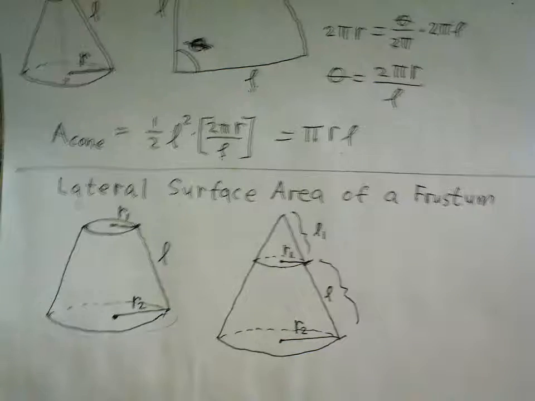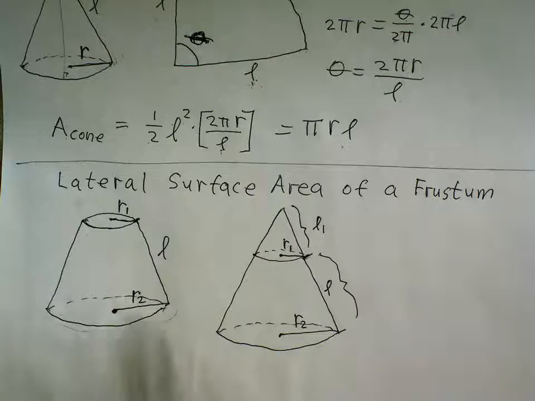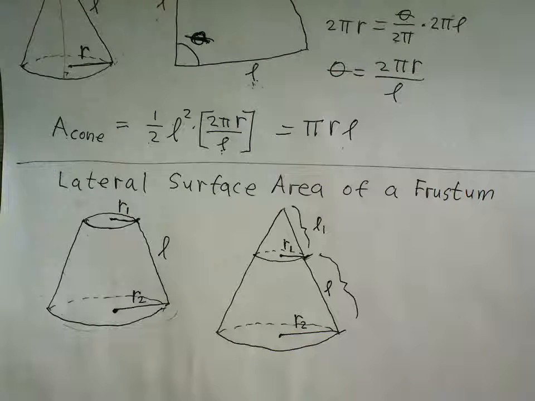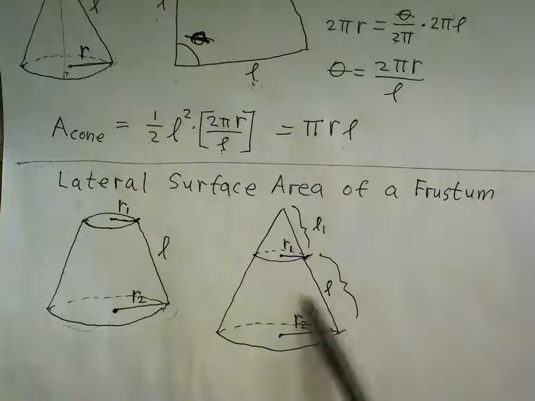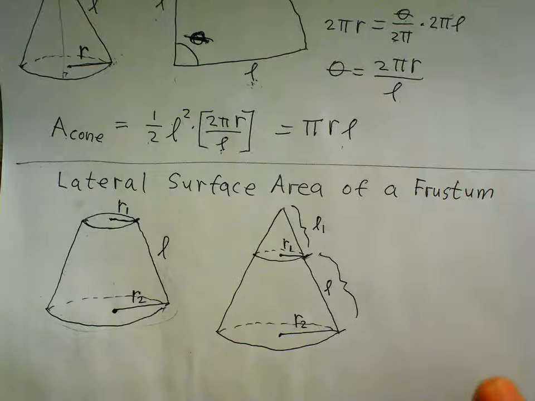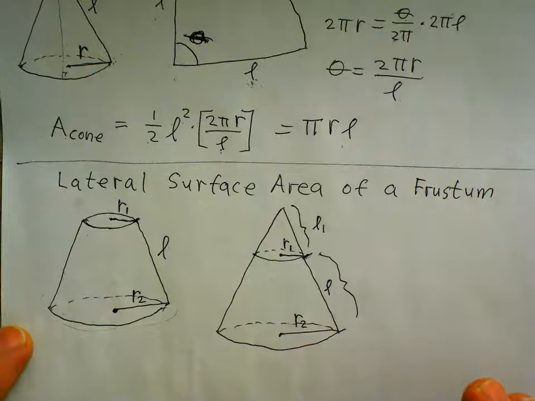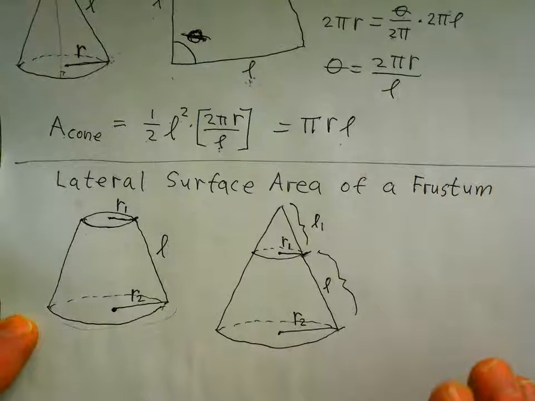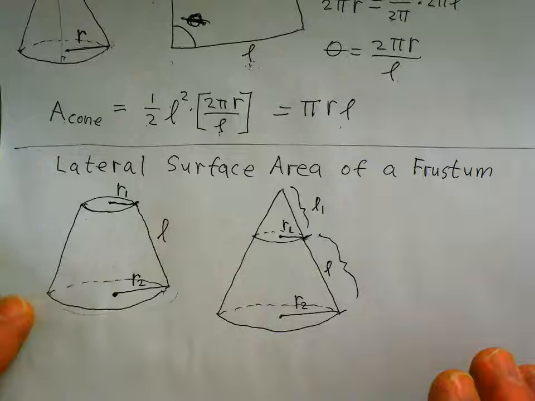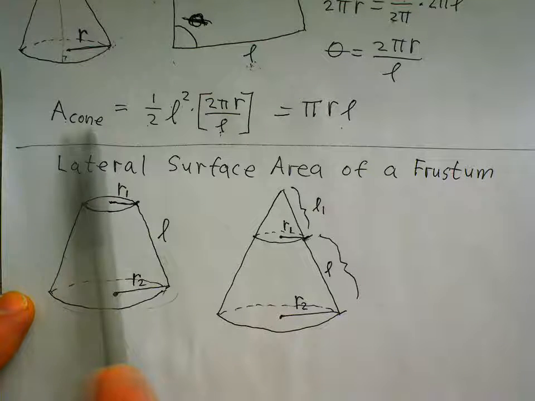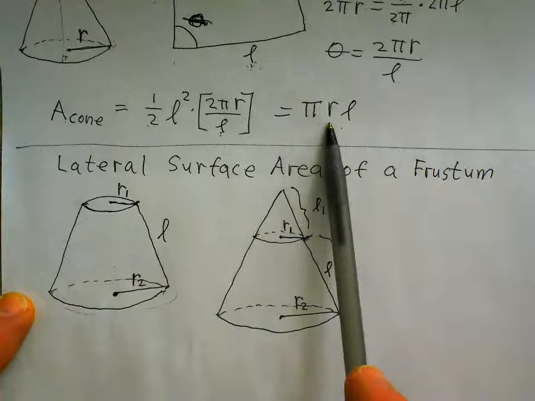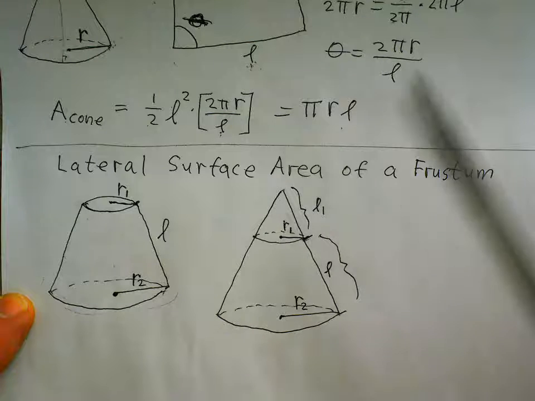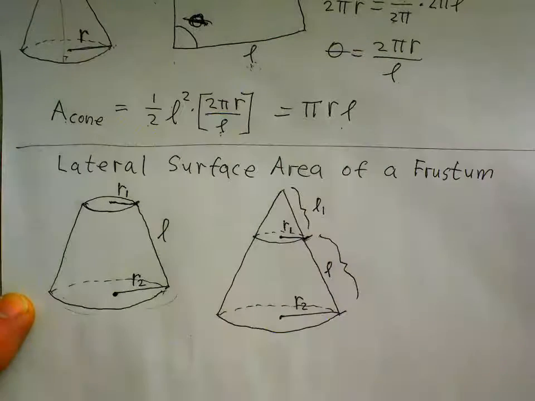So can you think of a way to find the lateral surface area of the frustum using what we know about lateral surface areas of cones? So in general, the lateral surface area of a cone is pi times the radius times L, where L is, in this case, the entire length.